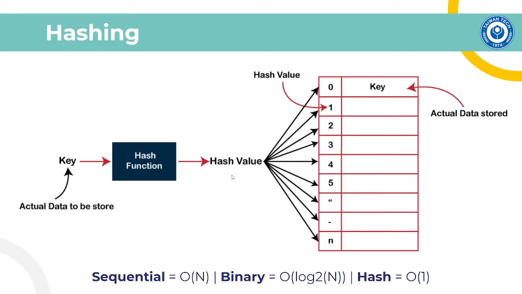And if we use a hash function, we generate the hash value based on the key, and we can just look into the index pointed to by the hash value. That reduces the complexity of the searching problem.